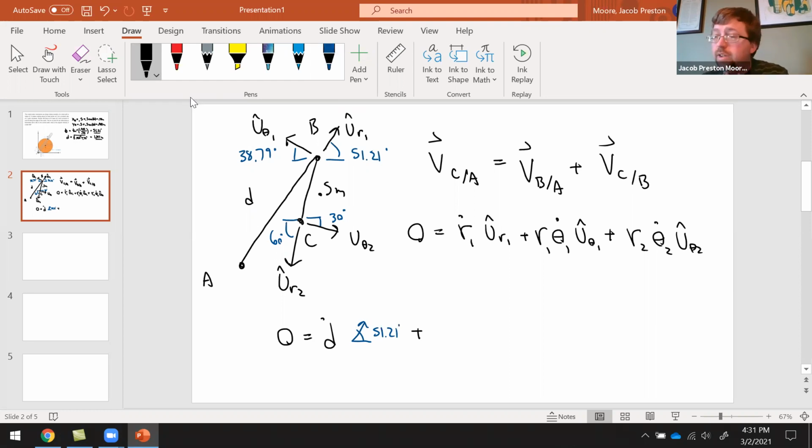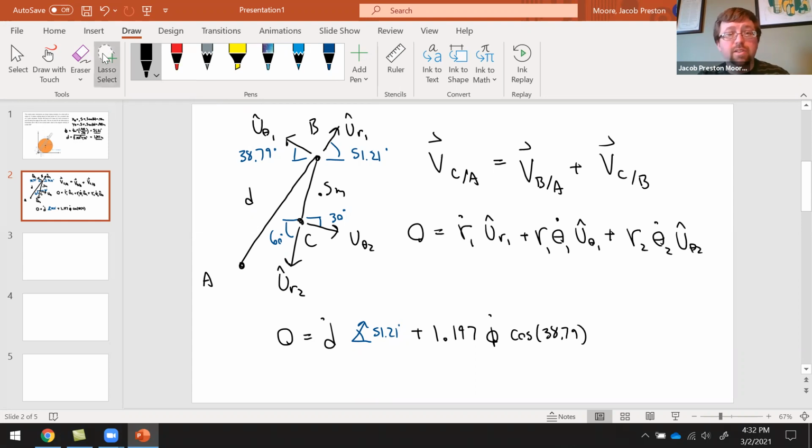The current length of that was 1.197 meters times this angle of AB, I call it theta dot 1, but really it's phi dot. And then it is in the U theta 1 direction. So I'm going to say cosine 38.79 degrees, but it's really in the negative x direction.